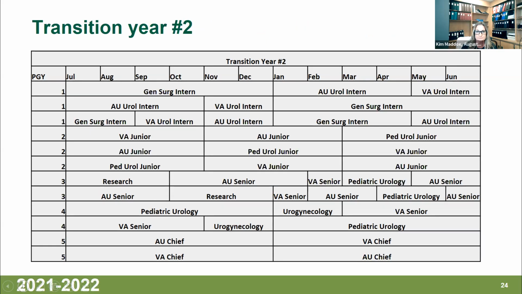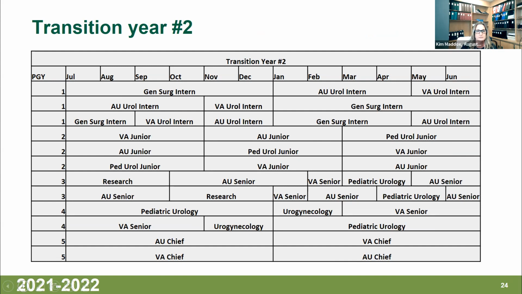Next slide. So transition year number 2, this starts in 2020, 2021, 2022 year, where we are finally up to the 3 PGY1s, 3 PGY2s, and so forth. We're still at the 2 down here. We haven't gotten that far.